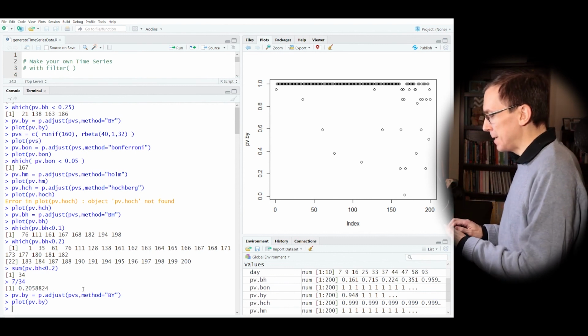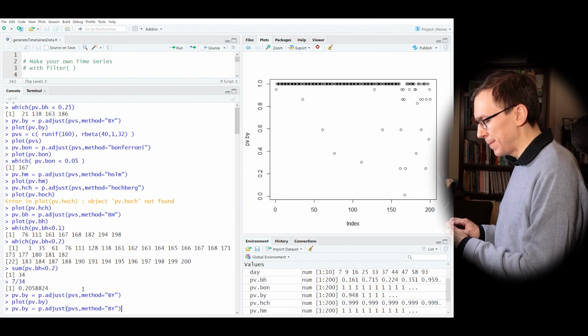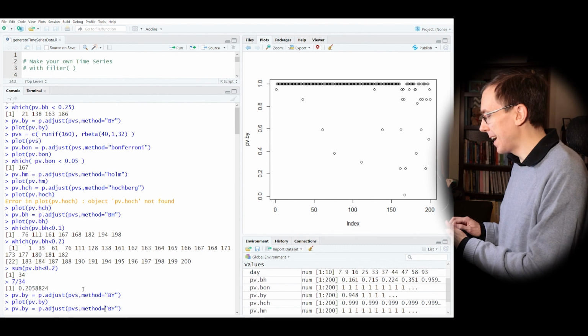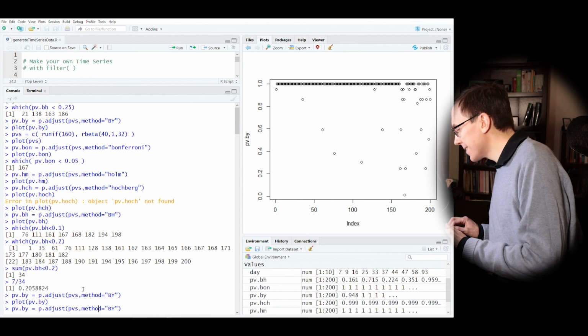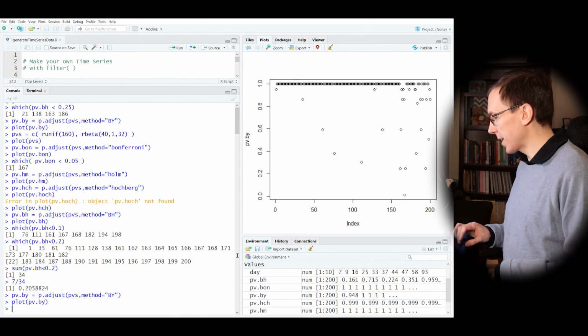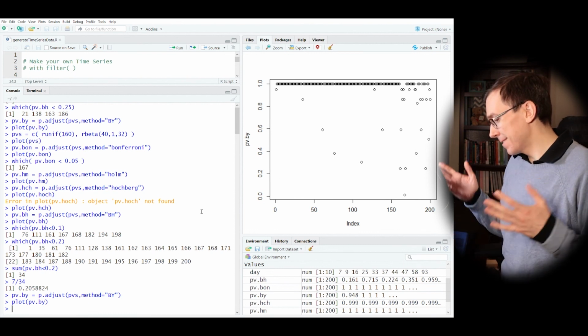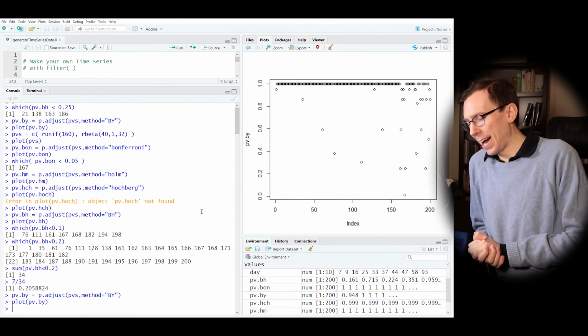So this method will be overly conservative because it is not accounting for the independence that I know is in the p-values. In this case, we don't get very many rejections. But at least you can get an idea of how these work in practice.